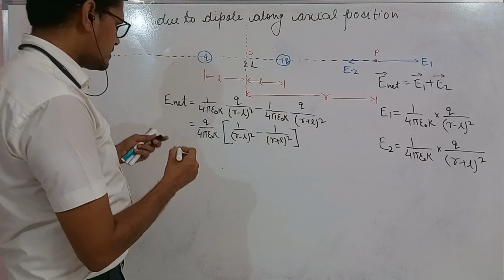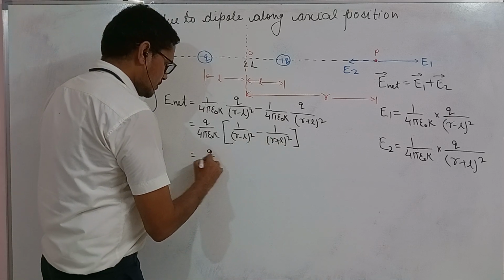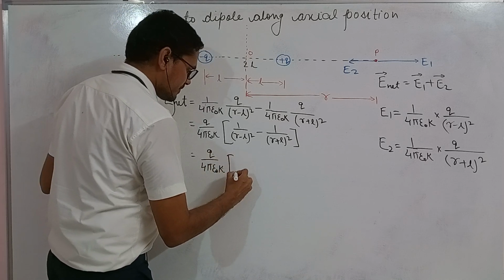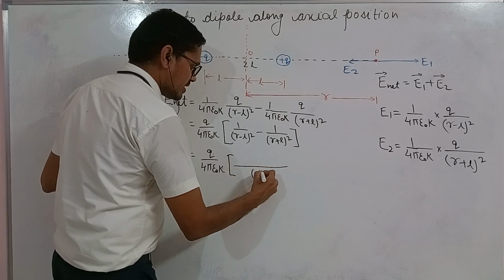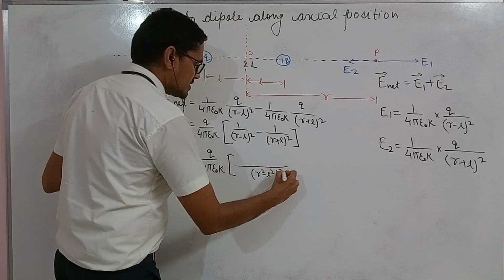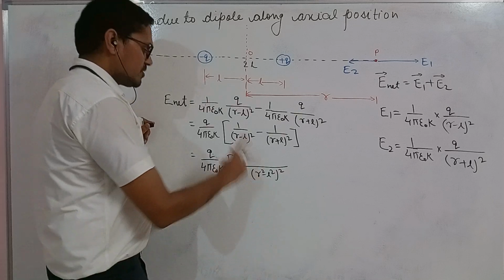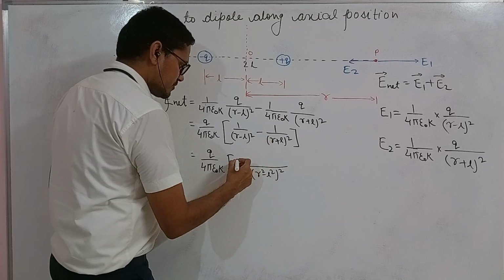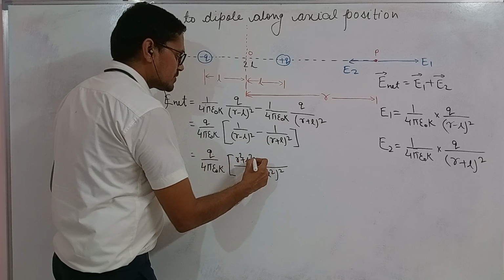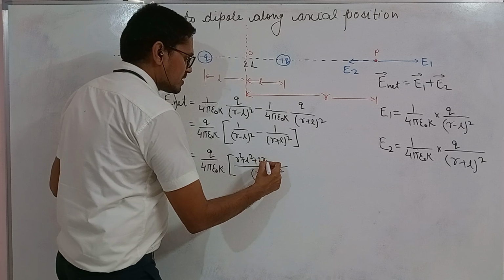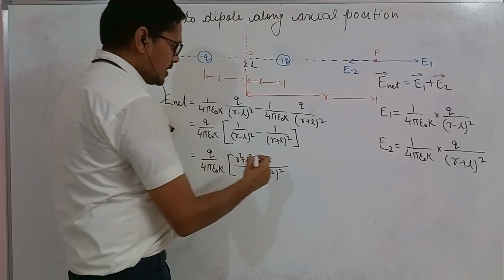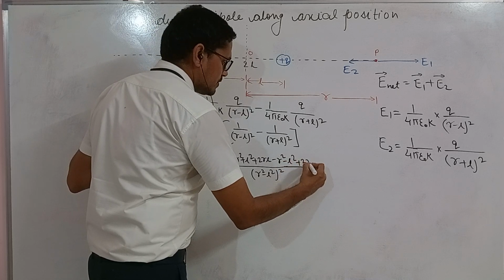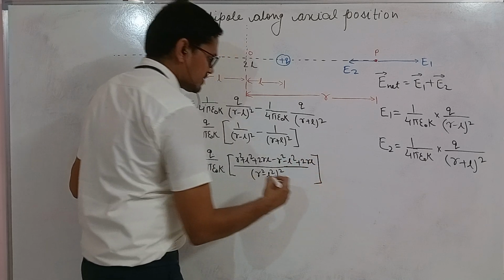So after simplification we will be getting Q over 4 pi epsilon naught K. The LCM would be R square minus L square whole raised to the power 2, and in the numerator we will be getting the square of this one minus the square of this one. So the square of this one would be R square plus L square plus 2RL, minus of R square, minus of L square, and plus of 2RL. This is the final expression we are getting.